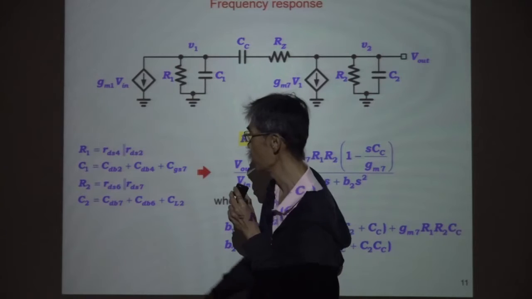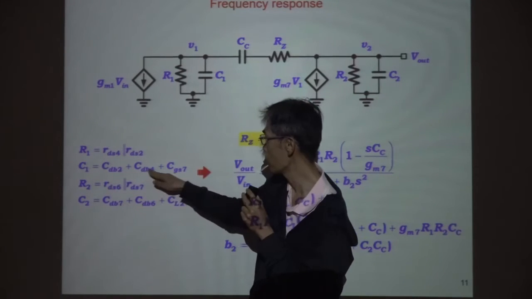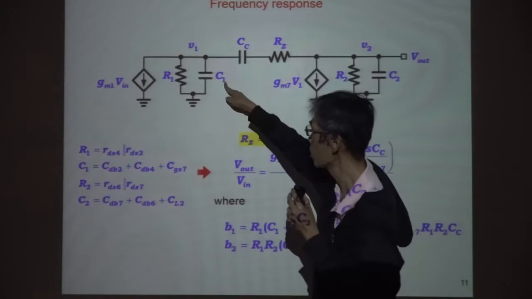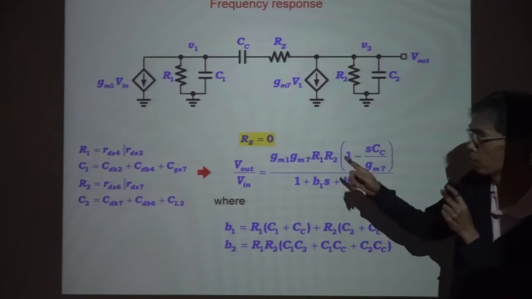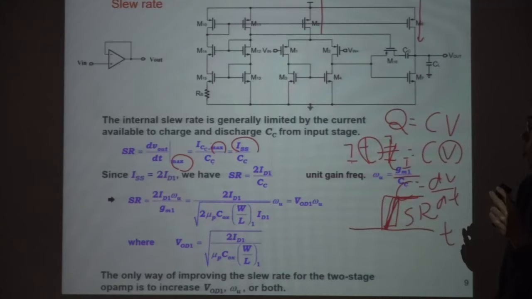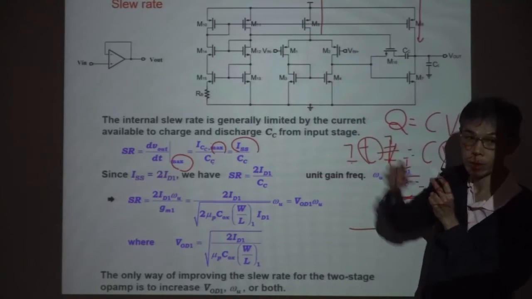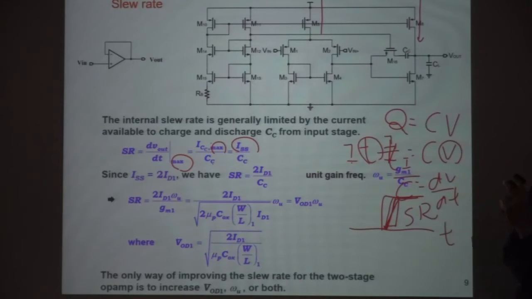Kumel, explain why C1 equals these three values. C1, previous. Okay, why do we have those three C1? Can you go to next?